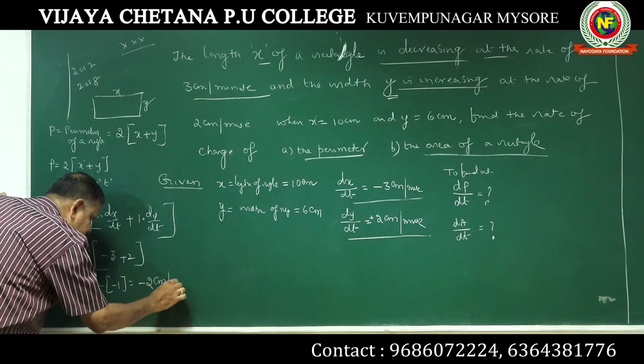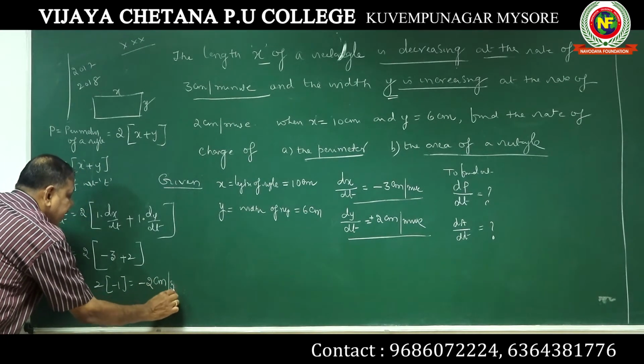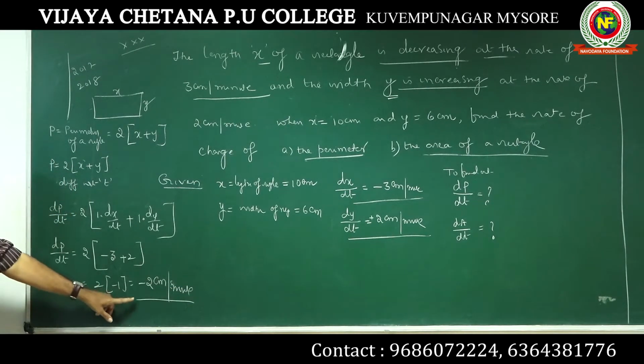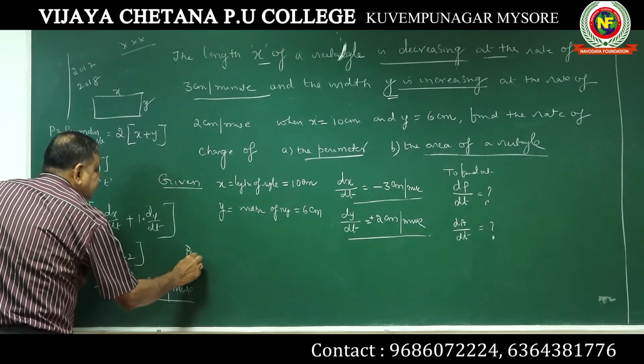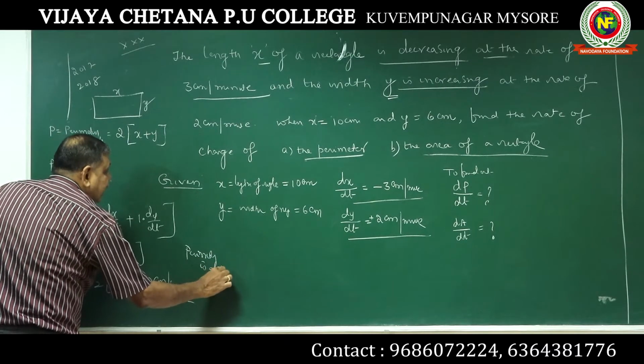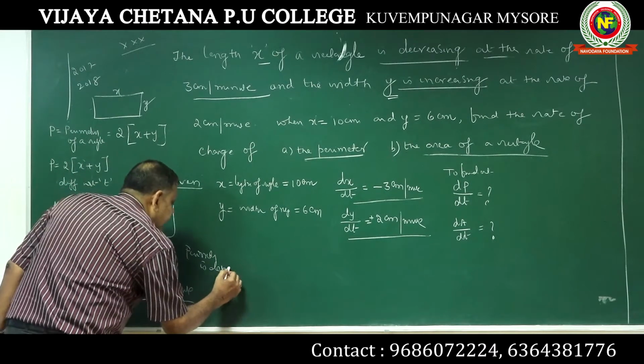Perimeter is always per minute or second. Minute is given, so 2 centimeter per minute. Minus, you must show minus, and you should say that perimeter is decreasing. What should you say? Perimeter is decreasing. Since they ask for the rate of change, whether it is increase or decrease you must write, decreasing.